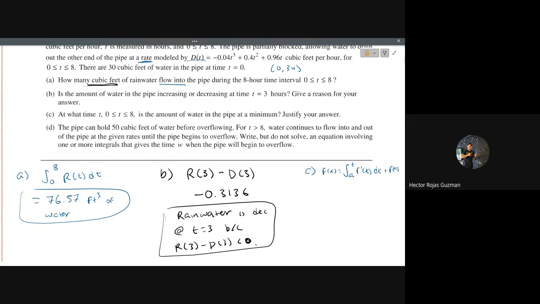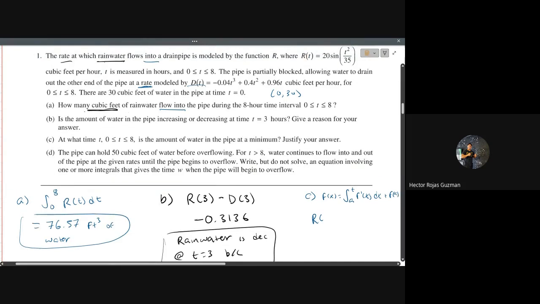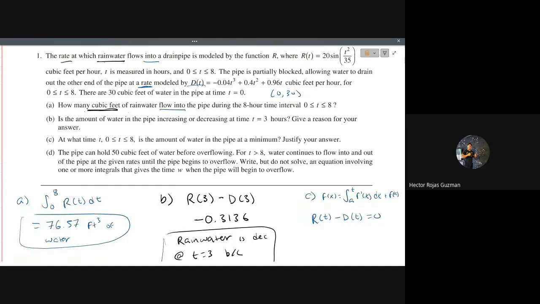Because we're trying to find a minimum, the general steps are take a derivative, and then find the critical points. Right now we already have our derivative. We know water is flowing in, R of T, and water is also flowing out. That's basically already our derivative. You set it equal to 0.